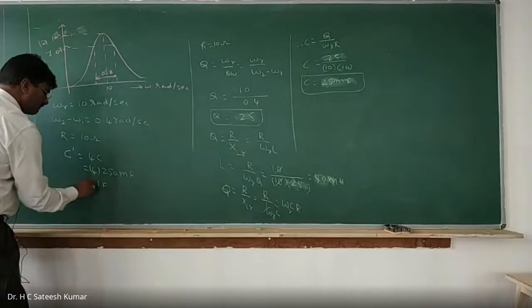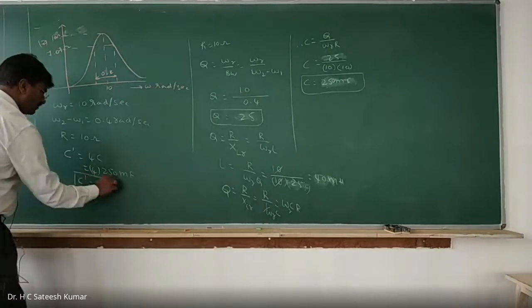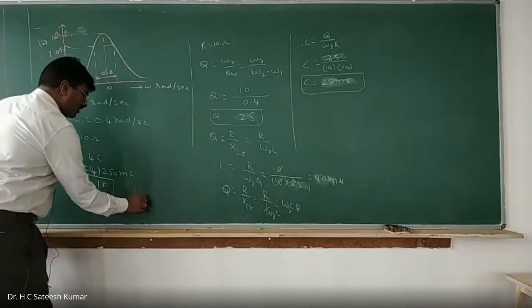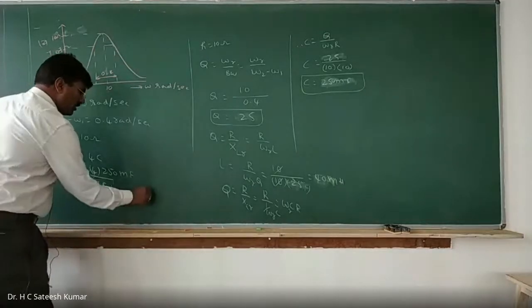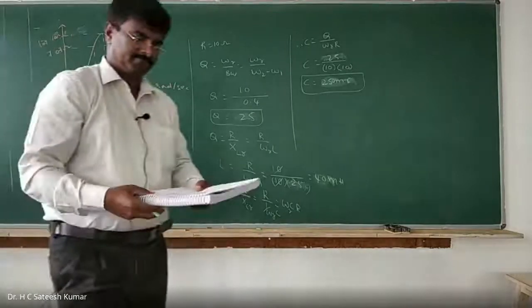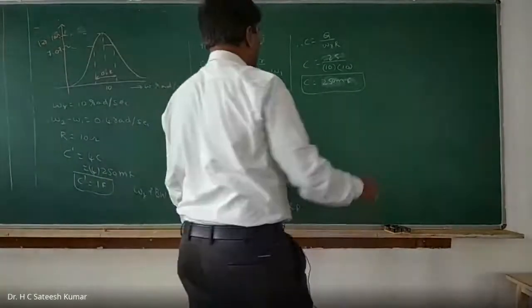If C is increased by 4 times, find omega r and bandwidth. Is it possible to calculate this? Okay, let us check it out.